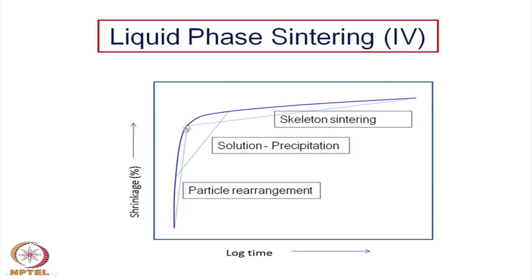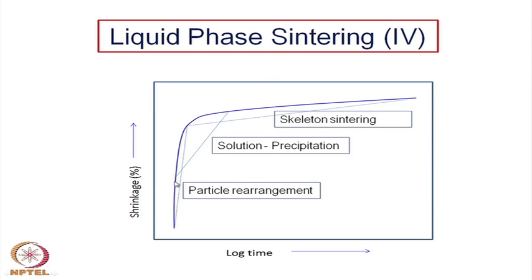This first steep rise takes place because of particle rearrangement, then solution and precipitation takes over. Both the particle rearrangement and solution precipitation overlap, and before the solution precipitation is complete, skeleton sintering also takes place. It is a kind of solid state sintering.